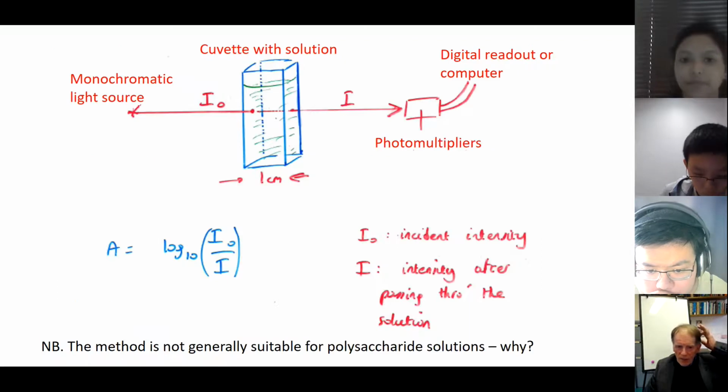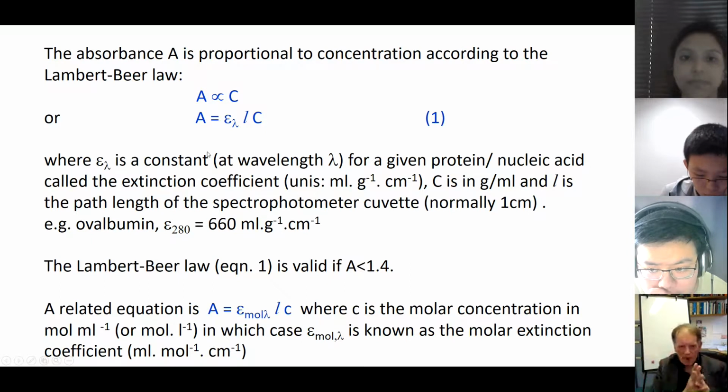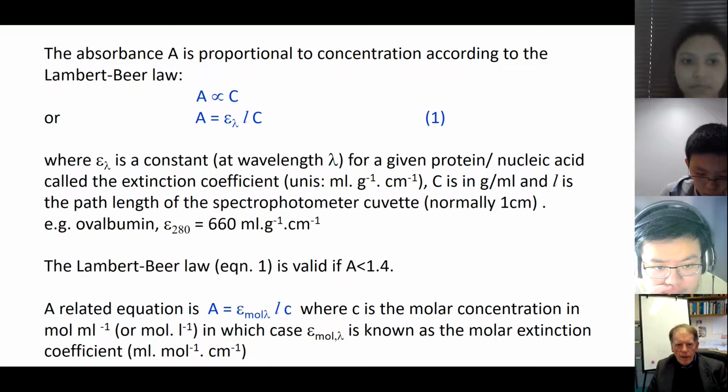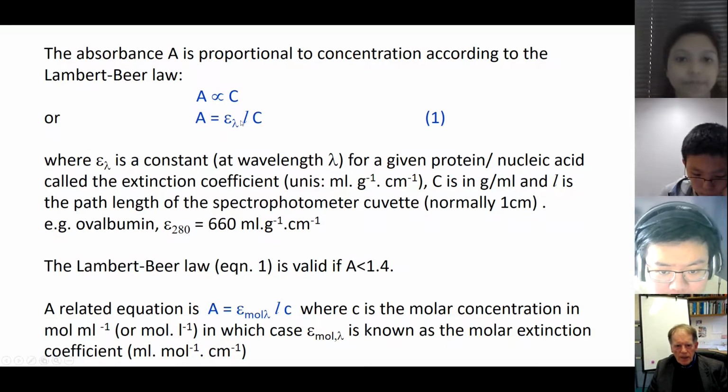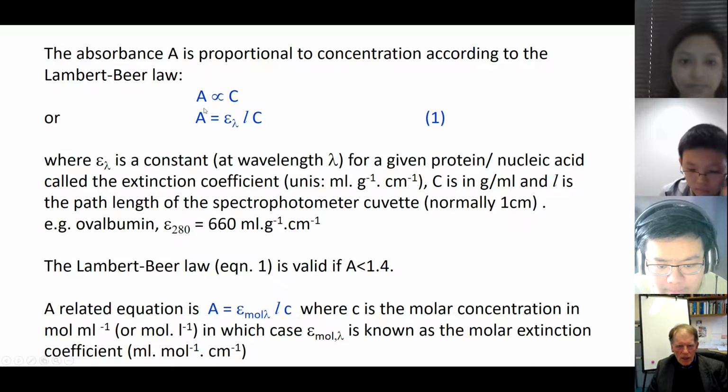So the absorption, after you've measured it, is proportional to the concentration. Well, it is within a certain absorption range where this equation applies, and this is known as the Beer-Lambert law, or the Beer-Lambert equation, which says the absorption is proportional to the concentration.